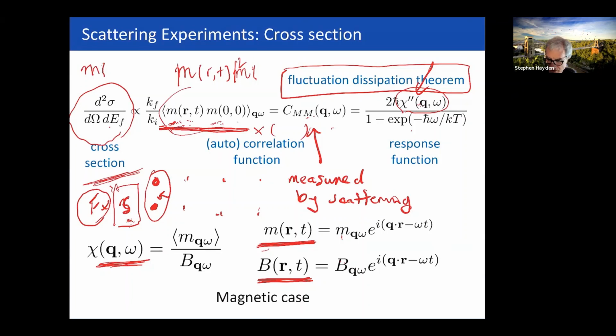I mean, that's what we're trying to show. I think that's one reason why we do both neutrons and RIXS, to try and connect and see what the RIXS is actually measuring.